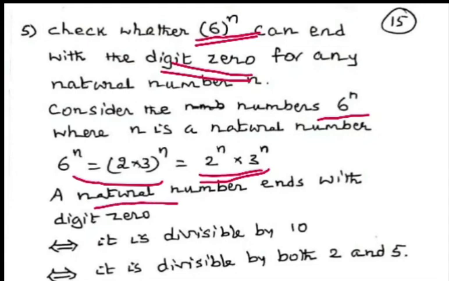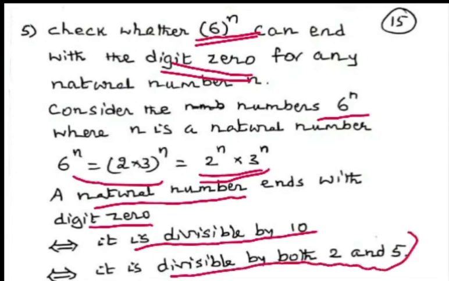A natural number ends with digit 0 if and only if it is divisible by 10. Divisible by 10 means it should be divisible by both 2 and 5.